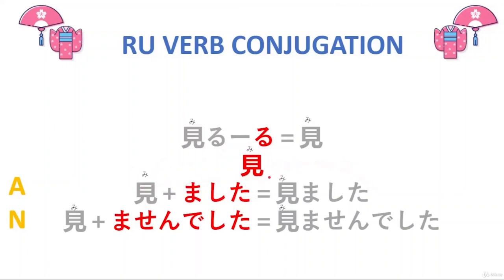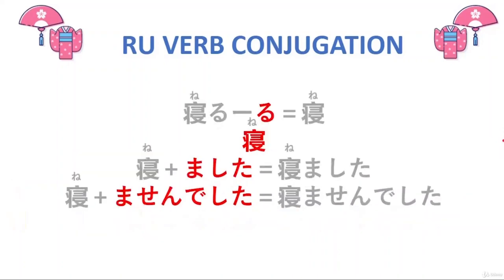And for past negative, to mi we need to add masen deshita. So we will have mimasen deshita. So watched and didn't watch.